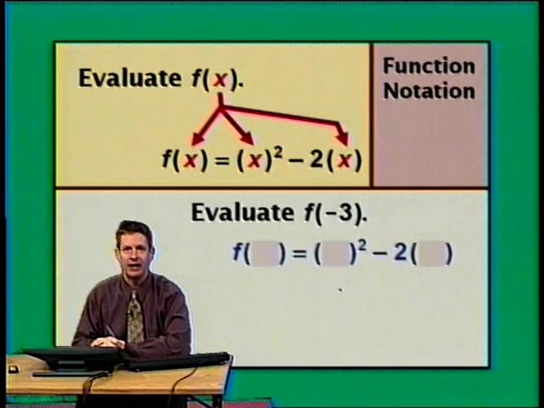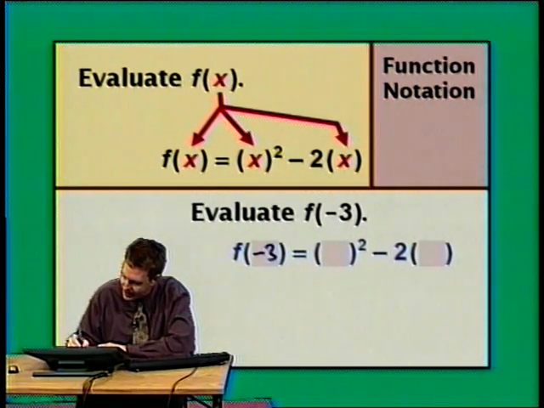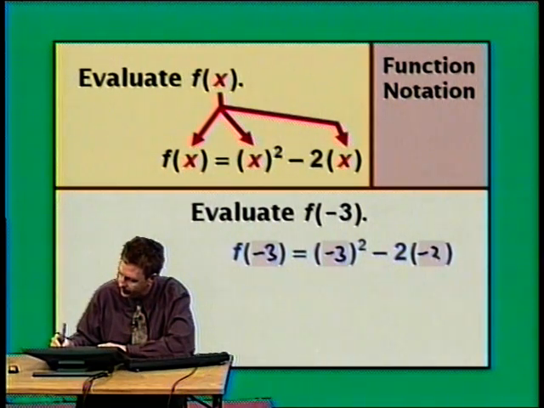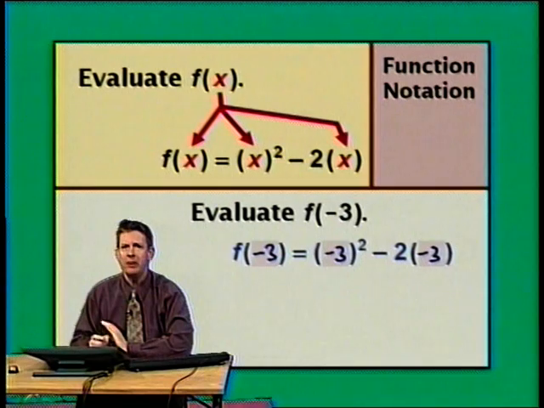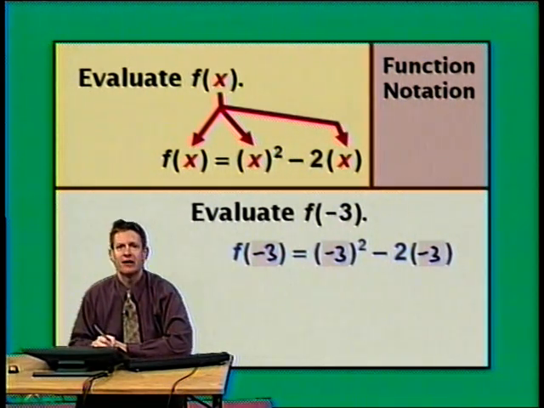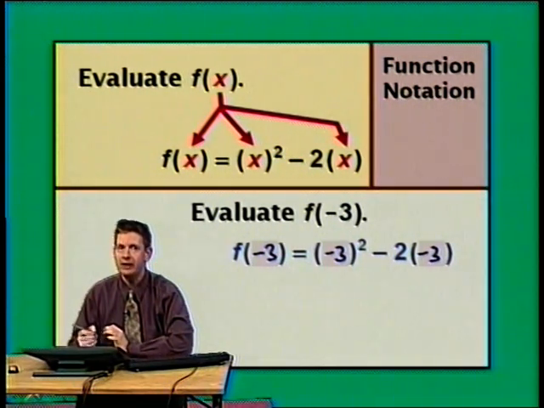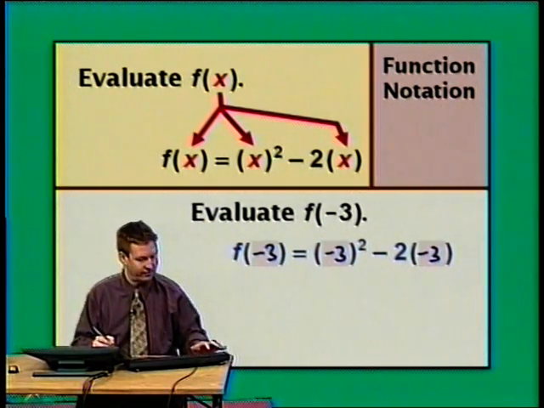How about f of negative 3? Everywhere I see an x in my formula, I need to write down negative 3. This time, even when I'm working this on my paper, I'm going to need all of those parentheses, because the only way I can correctly communicate that I need to square the number negative 3 is if the number negative 3 is in parentheses.